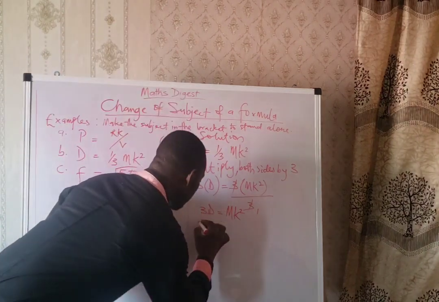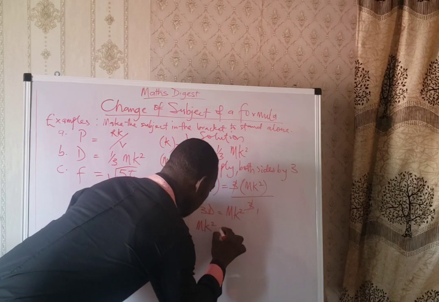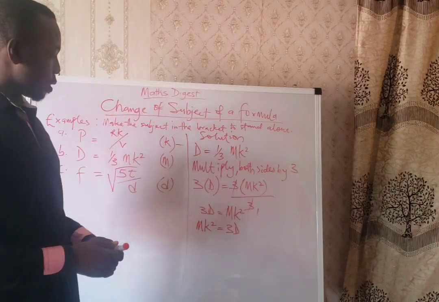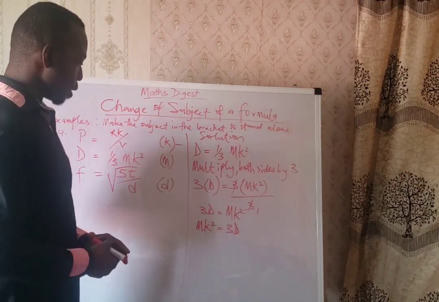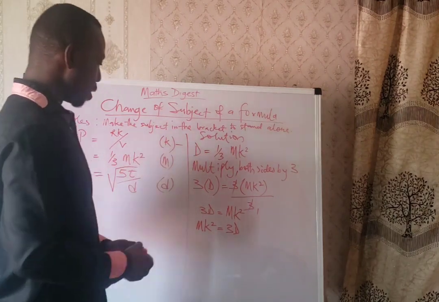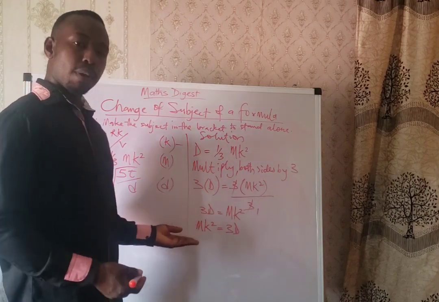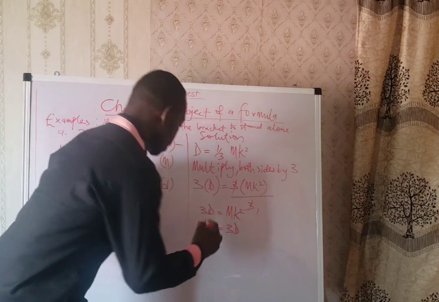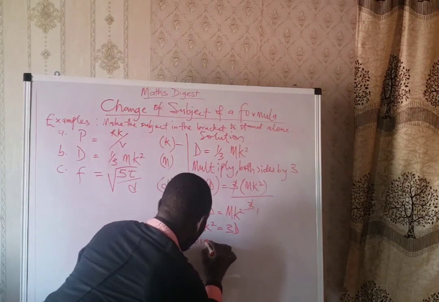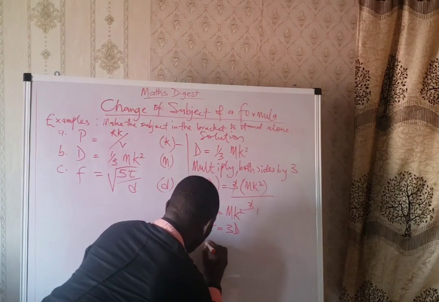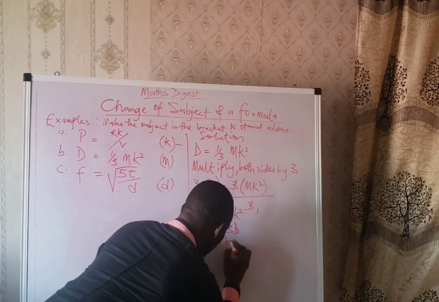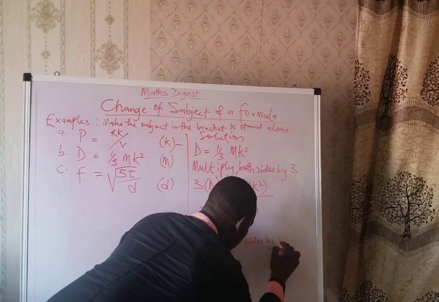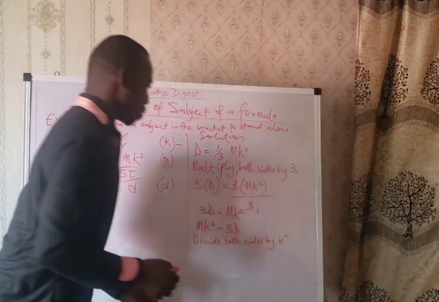So let's say mk squared equal to 3d. Now from here, since it's multiplying, we divide both sides by k squared.